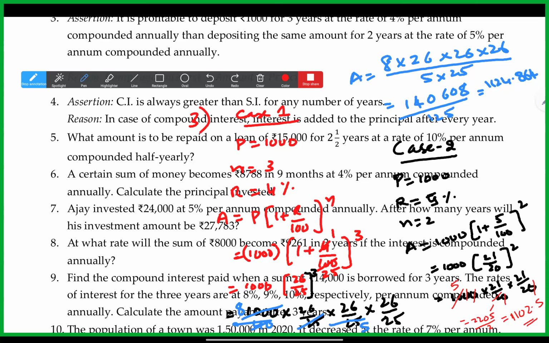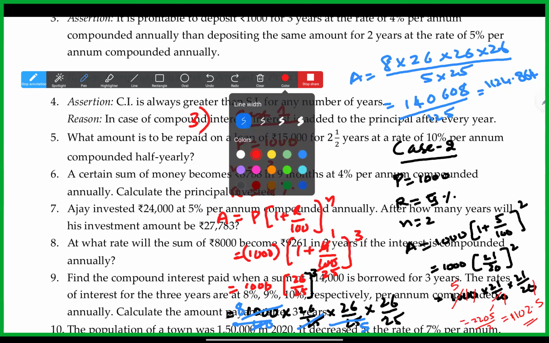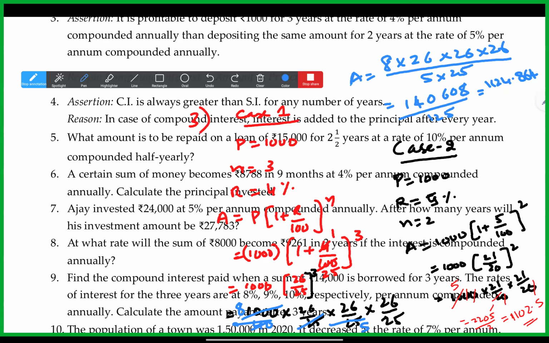So which is better? In terms of more returns, case one is better now, because in case one they are getting a final amount of 1,124.864, whereas in the second case they are getting 1,102.5.